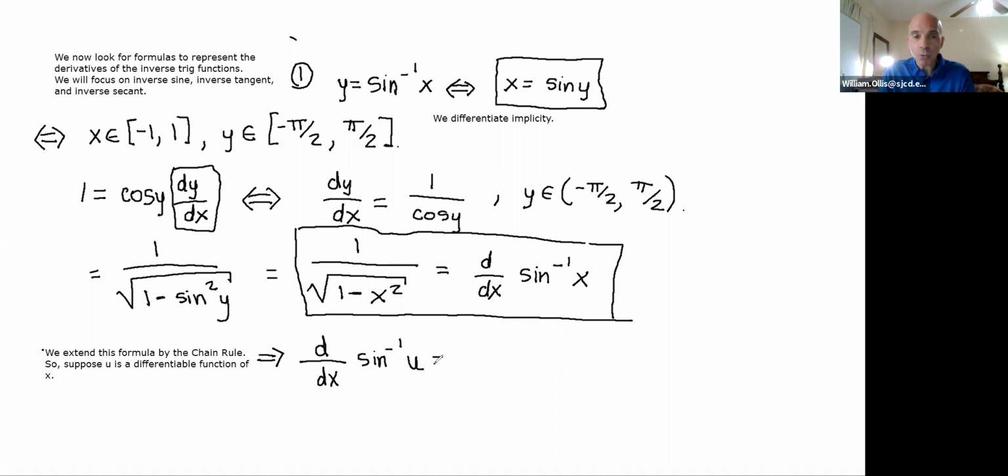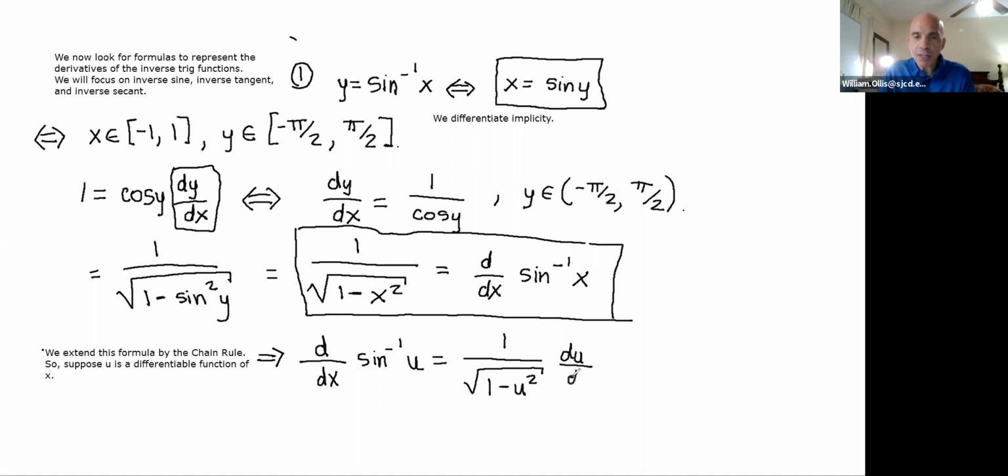This will now equal, just replace the x with the u and then tack on the du dx with the chain rule. So this will be 1 divided by the square root of 1 minus u squared, times du dx.